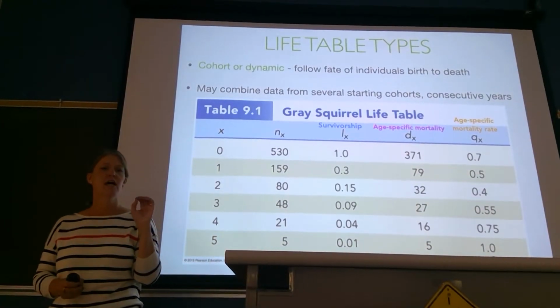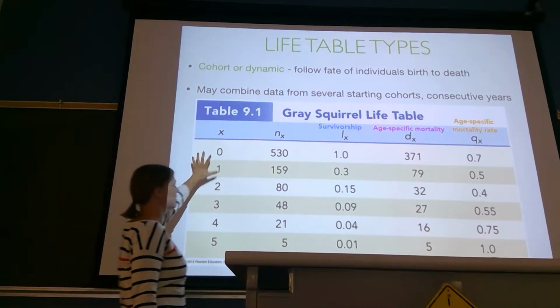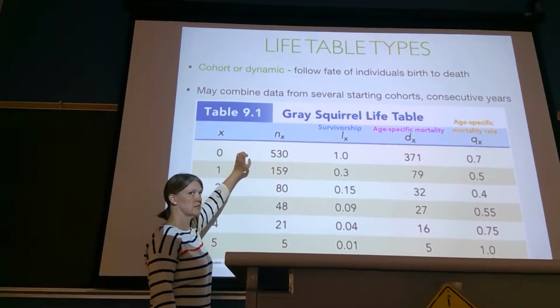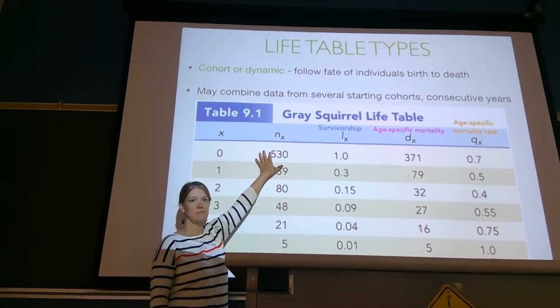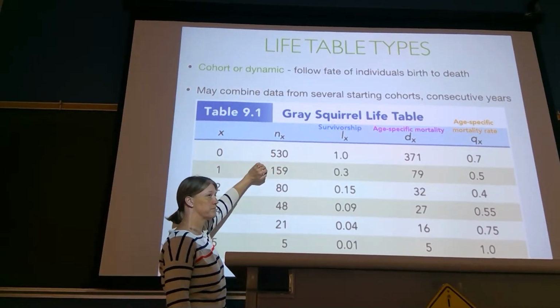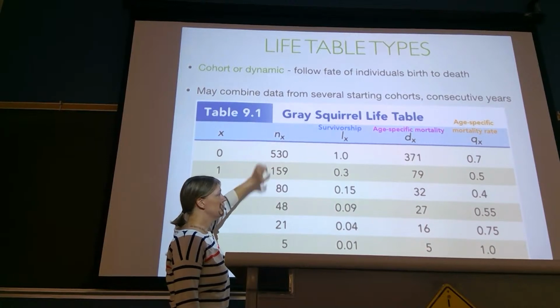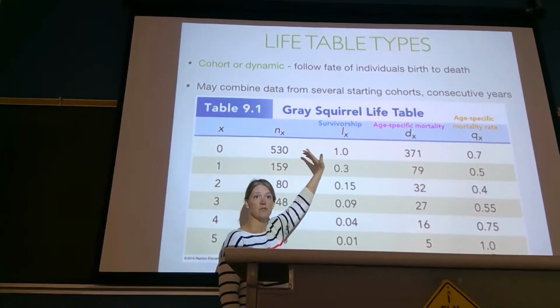And again, the different classes can be defined a little bit differently. As we follow, okay, in this year 1, there were 530 new individuals added to the population. NX is population size of that particular cohort. We say, okay, how many of them live from the time before?